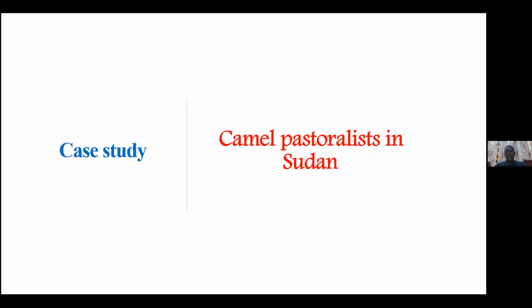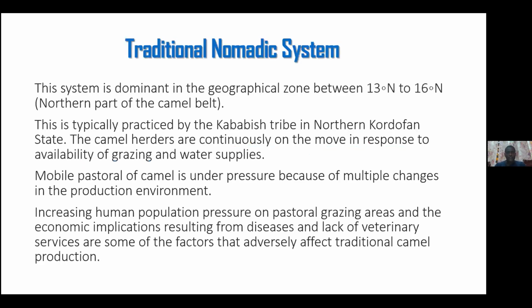Let us talk about some case studies from Sudan, and we focus mostly on the camel pastoralists in Sudan, either in Eastern Sudan or Western Sudan. Traditional nomadic system: this system is dominant in the geographical zone between 13 north and 16 north, the northern part of the camel plate.